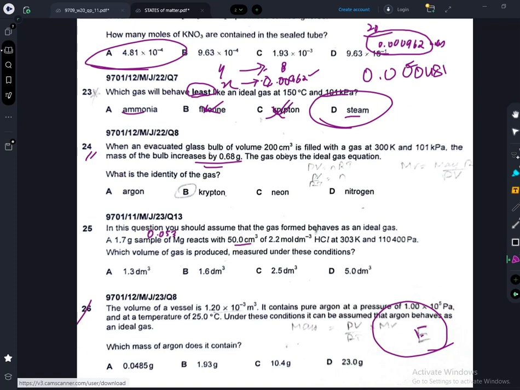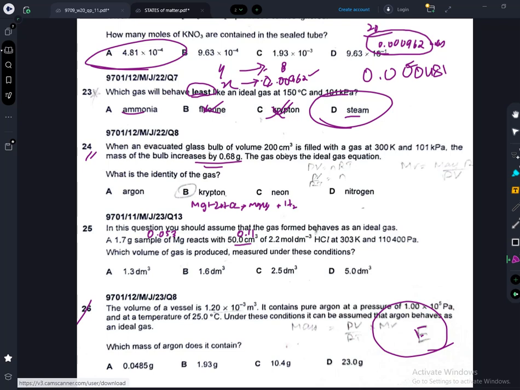You calculate the number of moles here. 0.05 into 2.2 gives the moles of HCl reacting. So Mg plus 2 HCl gives rise to MgCl2 and H2 gas.